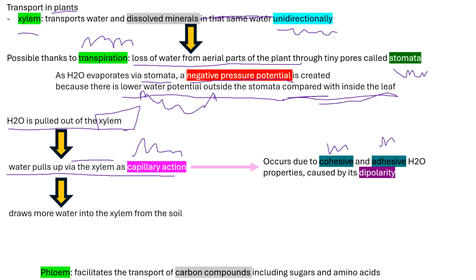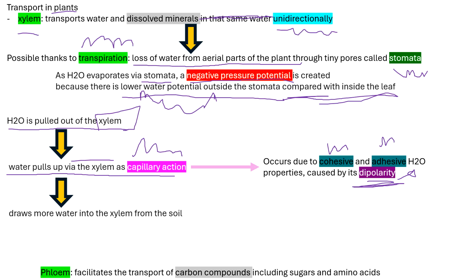Cohesive means that the molecules can bond with the same molecule, so water can form bonds with water, we know that. And adhesive is that it can form bonds with different molecules, so water can form bonds with other molecules as well, not just itself. And this is caused by the polarity, in this case dipolarity, of water. Again, this is A1.1.